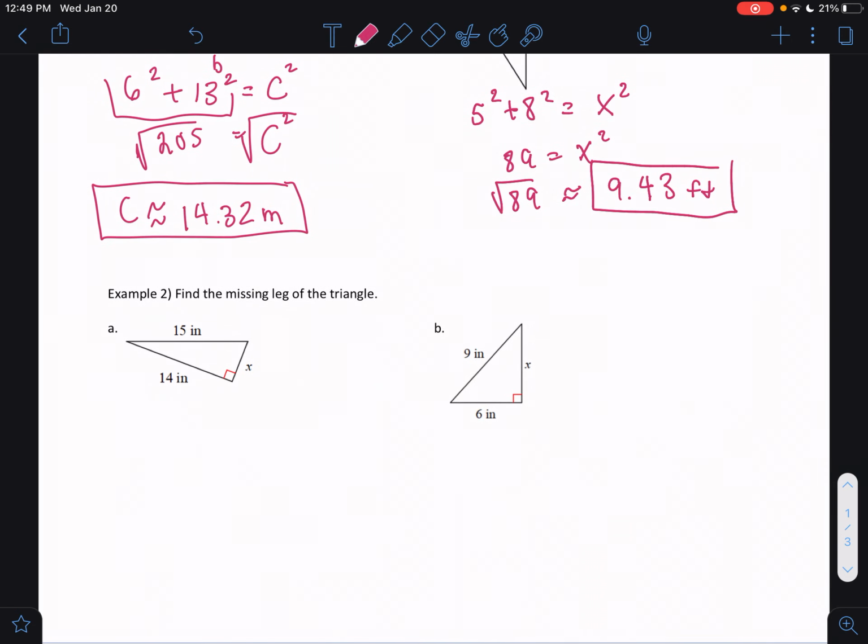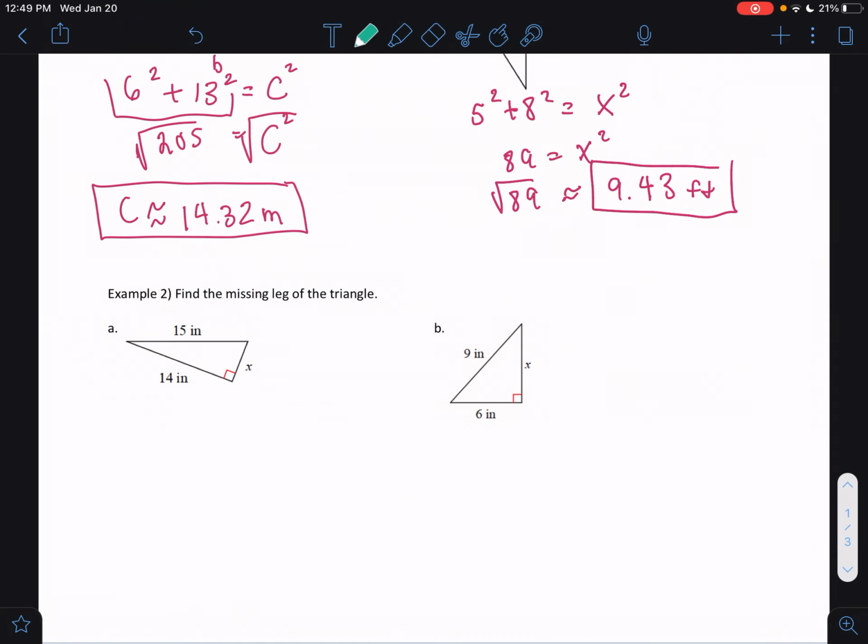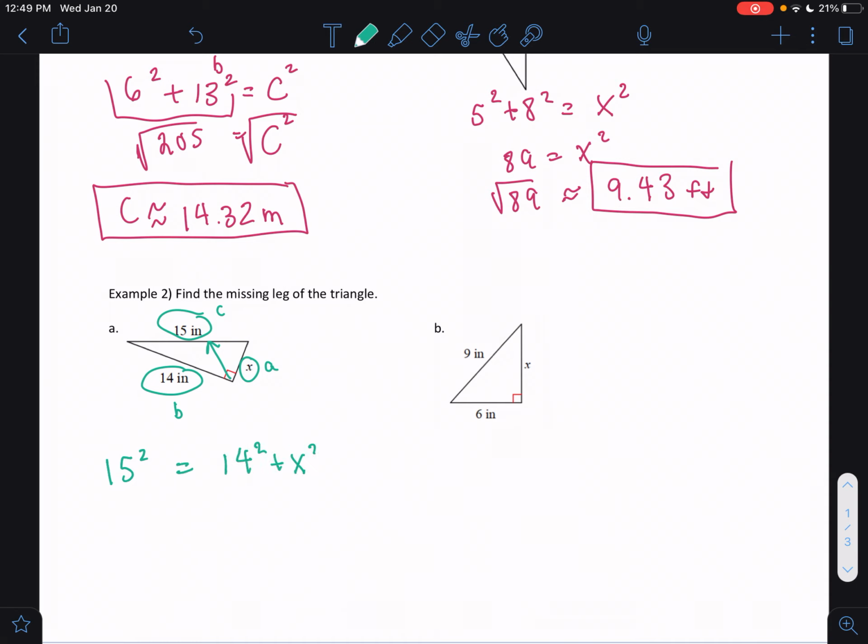Now on this next example here, we aren't finding the hypotenuse, but instead we are finding the missing leg. So let's call this one A. We could call it B. And then I'm going to call this one B. But this one has to be C because it's across from the right angle and it's the longest side. So we would get 15 squared equals 14 squared plus x squared, or a squared.